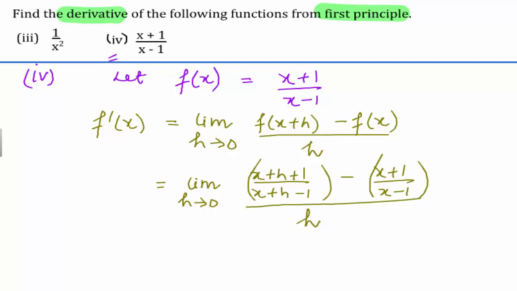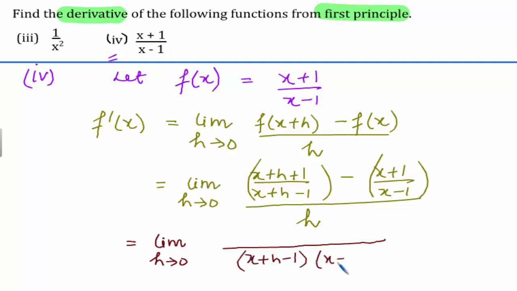This is further equal to limit as h approaches 0. Now taking the LCM of x plus h minus 1 and x minus 1, in the numerator we have x plus h plus 1 into x minus 1, minus of x plus 1 into x plus h minus 1, whole divided by h.